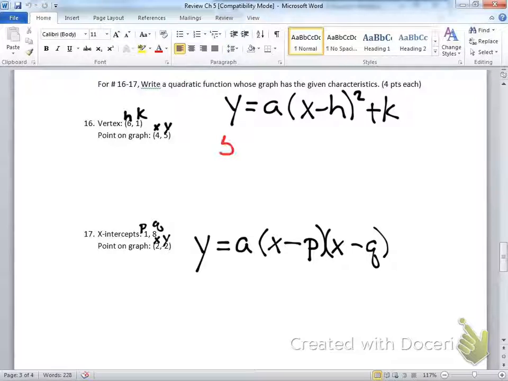So this is going to be 5 equals A times 4 minus 6 squared plus 1. That's going to be negative 2 squared, which is 4.